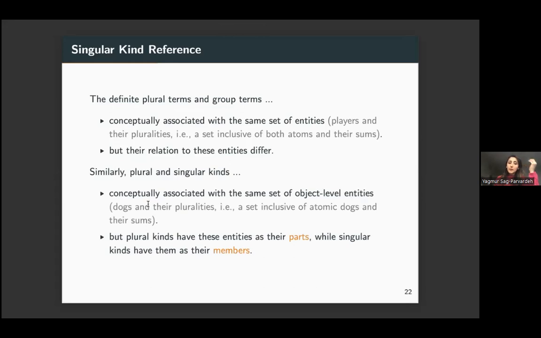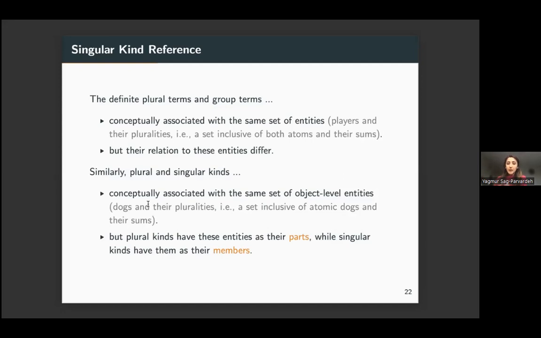Similarly, singular and plural kinds are conceptually associated with the same set of object level entities. When we say dog or köpek or köpekler, we are considering an association with actual dog individuals and also their pluralities, their sums.